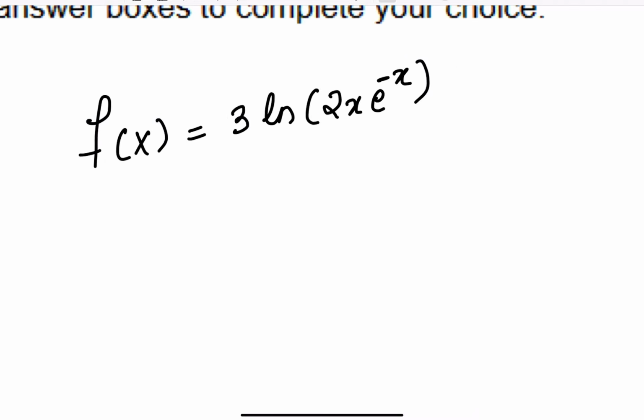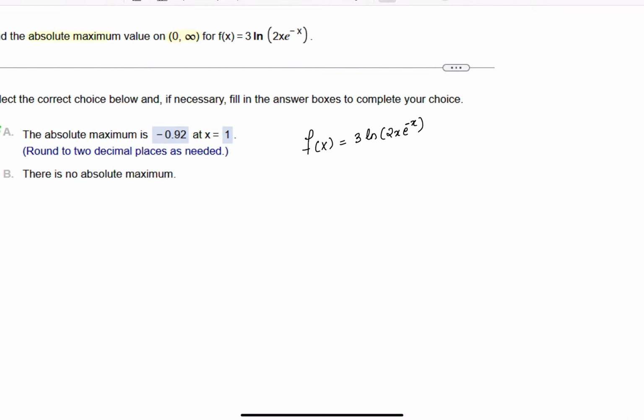Again, I don't have to think about maximum or minimum because they already told me it's the absolute maximum. So I'm going to save myself some time and not think about the second derivative, because keep in mind the second derivative only tells you if it is a maximum or minimum.